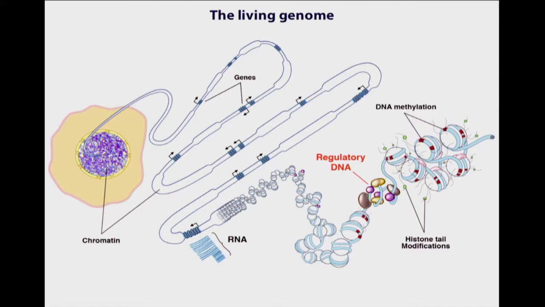But when the factors go away, methylation seems to come in a quantitative way, which suggests that it's a passive mechanism that's chasing the transcription factors rather than being actively put on there.